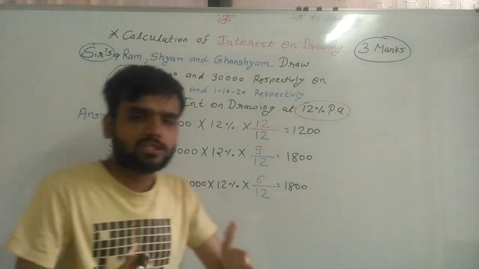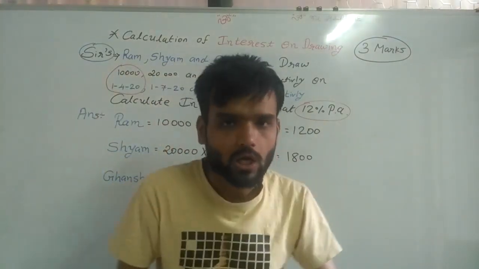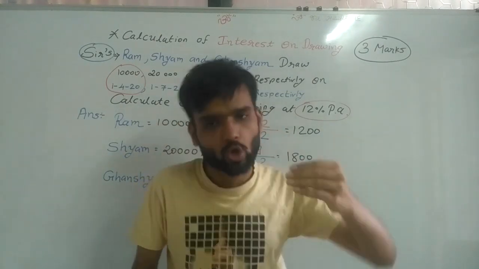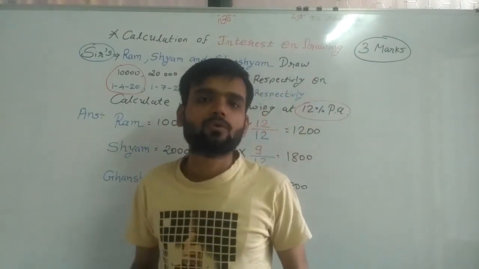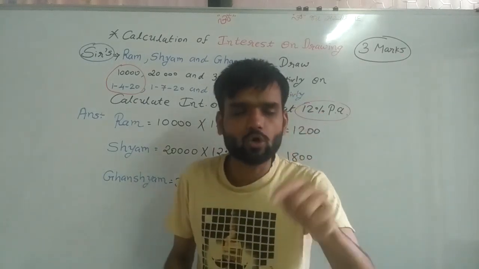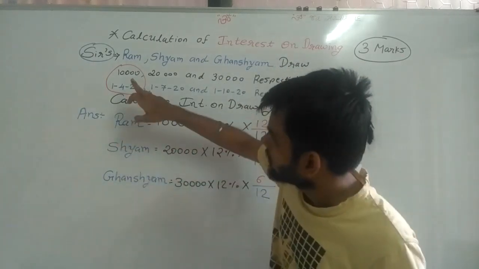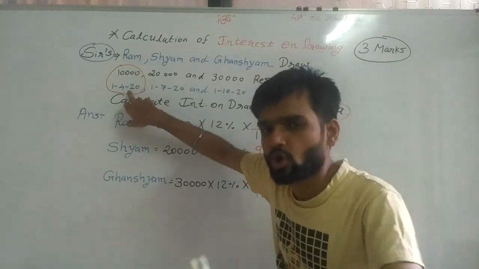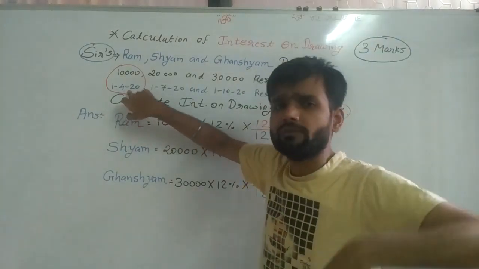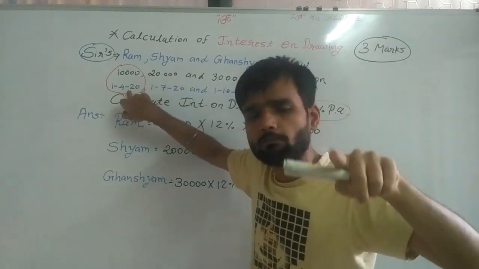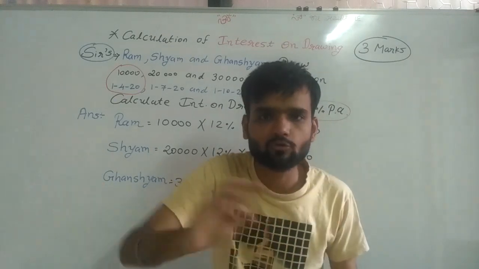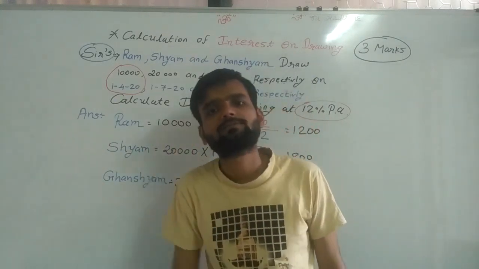In accountancy, our accounting year always ends on 31st March. So from the date on which he has withdrawn money up to the end of the year, we first calculate the number of months, and for that number of months we calculate interest.